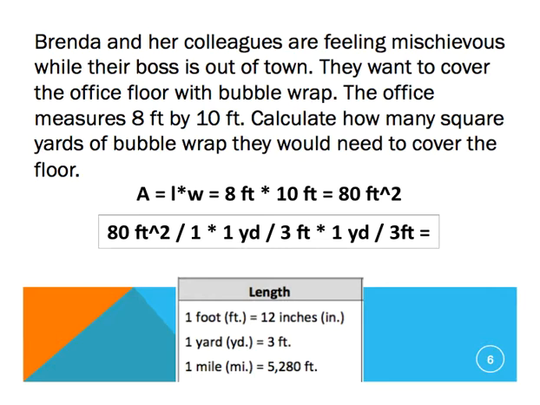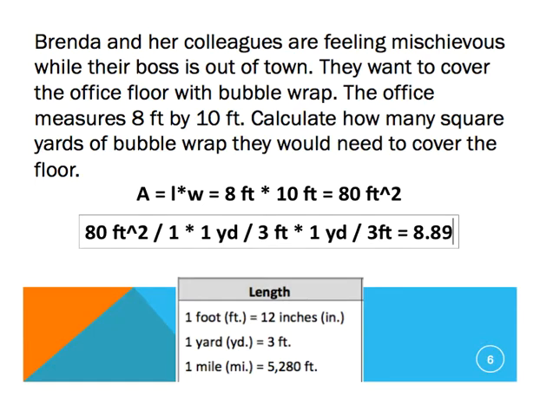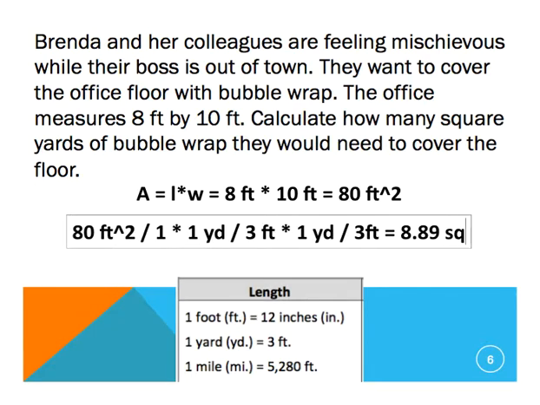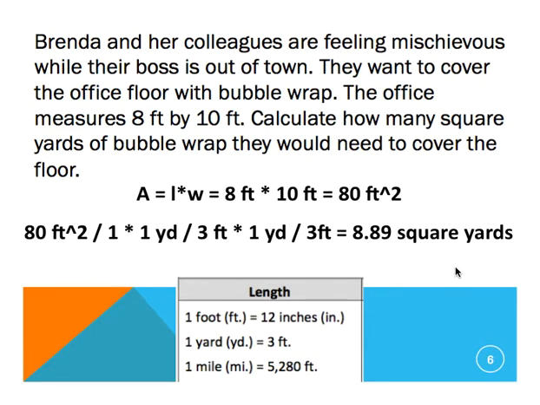And I believe if you do this in your calculator, you will get something like 8.8 repeating. Okay, so we'll do 8.89 square yards, something like that for your answer. Or if you wanted to round to the nearest whole number, they would need 9 square yards in order to cover their office.